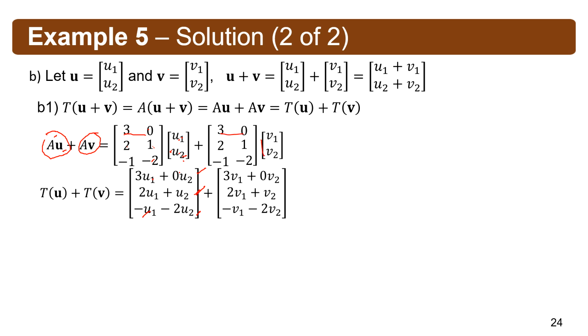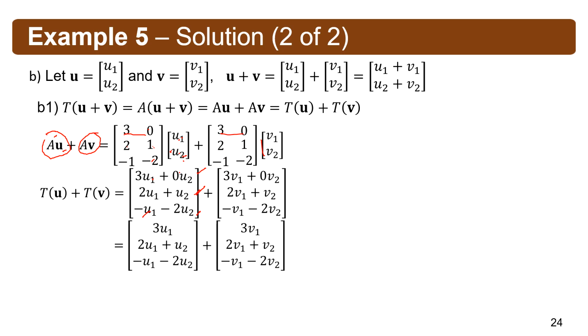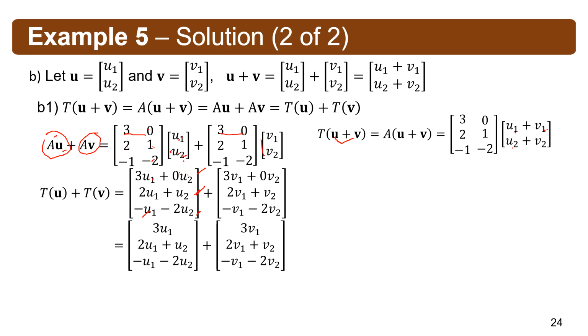And then we do addition now. We add, so this is 0. Or we simplify first. If you want to add later to show, but let us go to addition of the vectors. We add the vectors, which is u1 plus v1, and u sub 2 plus v sub 2.